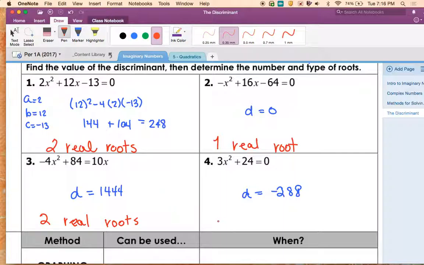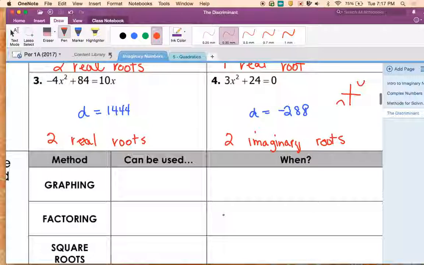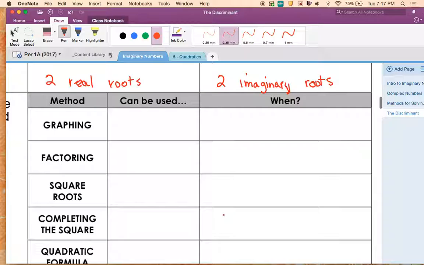And that means that I'm going to get 2 imaginary roots. Remember that imaginary numbers means that my quadratic won't touch the x-axis. It's up here somewhere, okay? Or down here. You never know. Alrighty. So once you find the discriminant, then we have insight on what our solutions will look like.